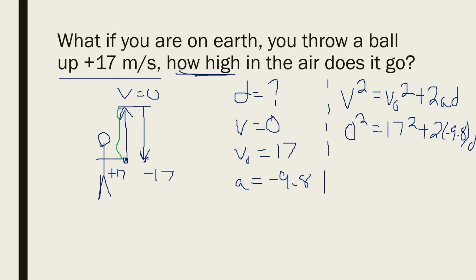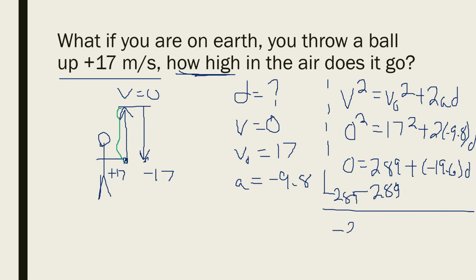Okay, so let's see this. Of course, 17 squared is 289. 2 times negative 9.8 is negative 19.6. D minus 289, so negative 289 equals negative 19.6 D. And I'm going to get 14.74 meters is the distance.